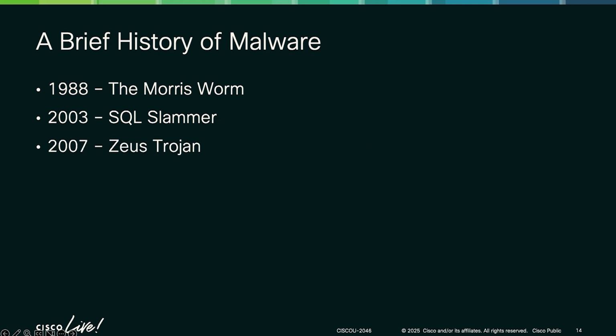Moving forward to 2007 was the Zeus Trojan. This one is essentially done through phishing emails and drive-by downloads. It was exploiting browser vulnerabilities, and it bundled in exploit kits as part of it. Essentially, it stole banking credentials and used keystroke logging to disrupt the financial institutions around the world.